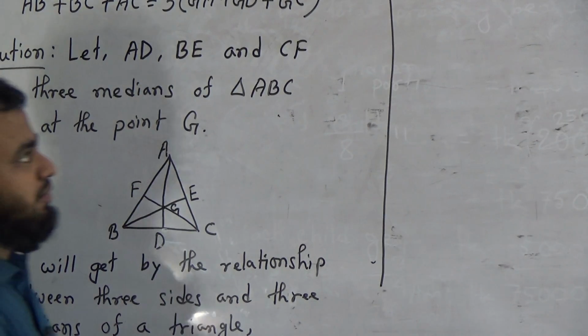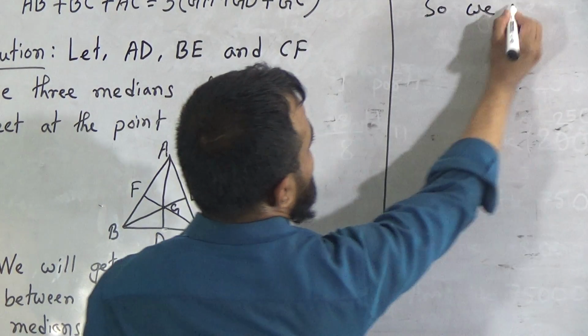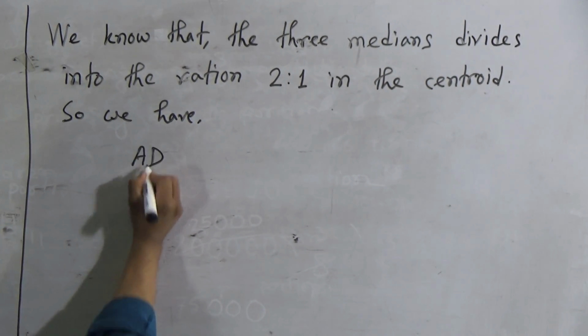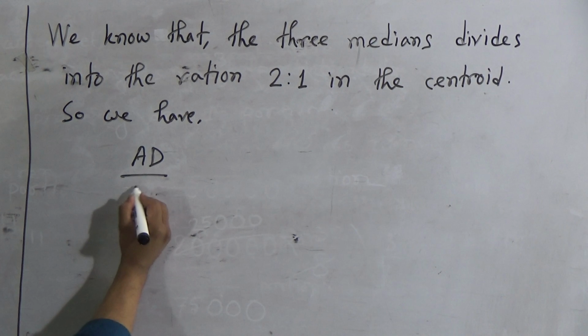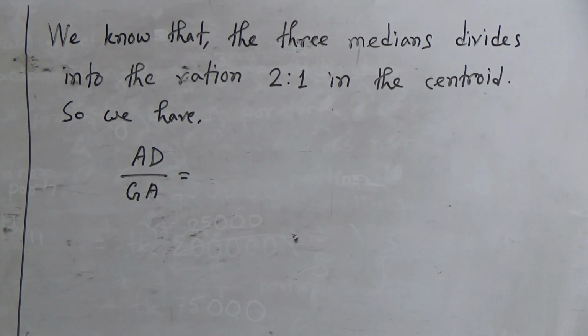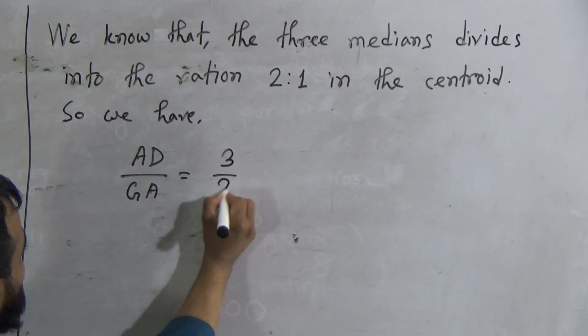So we can write AD divided by GA equals 3 by 2, since GA is 2 portions and AD is the total 2 plus 1, which is 3 portions.